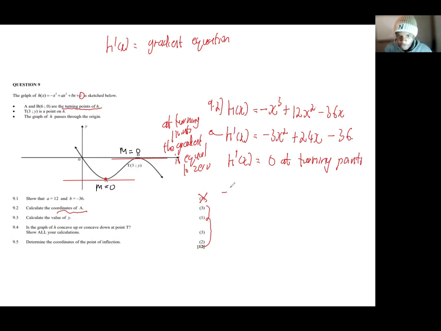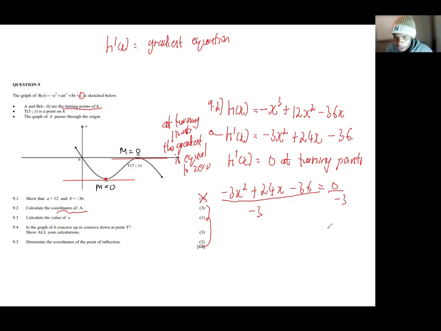Therefore, now we can have negative 3x squared plus 24x minus 36 being equated to 0. Looking at all these numbers, we can see that they are all divisible by 3. So what do we do now? Divide throughout by negative 3, because I want to keep my a value here as a positive.